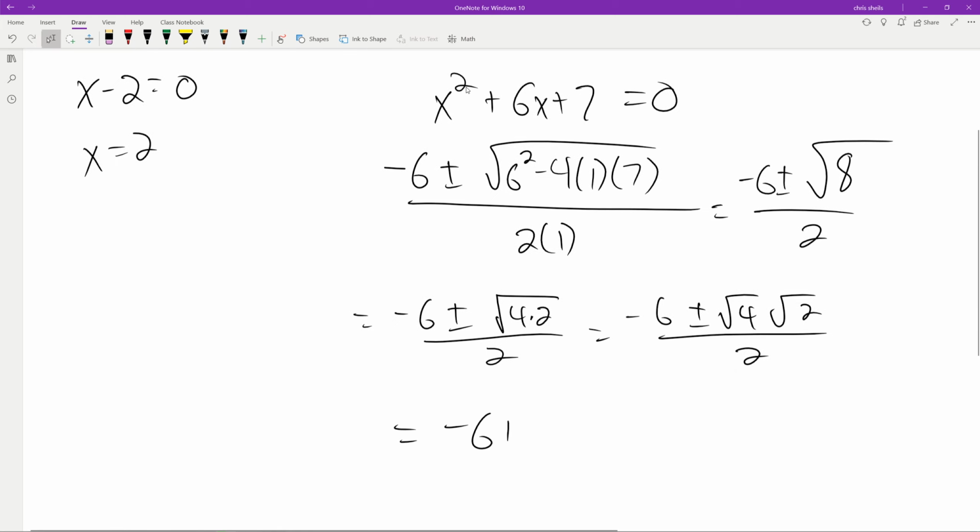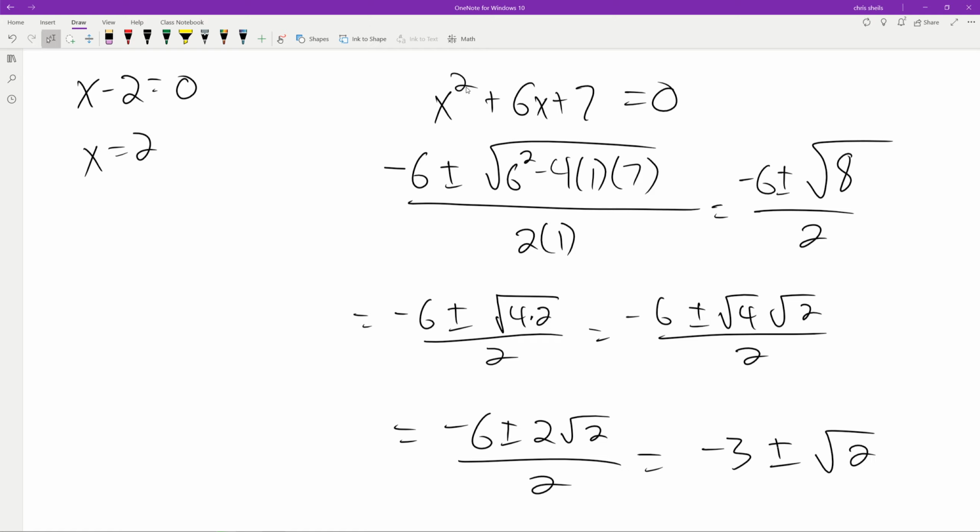This is negative 6 plus or minus 2 root 2 all over 2, which is negative 3 plus or minus the square root of 2. And these are where my other intercepts occur.